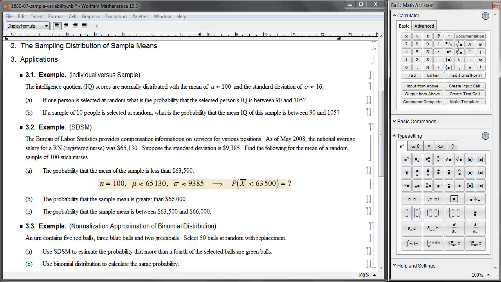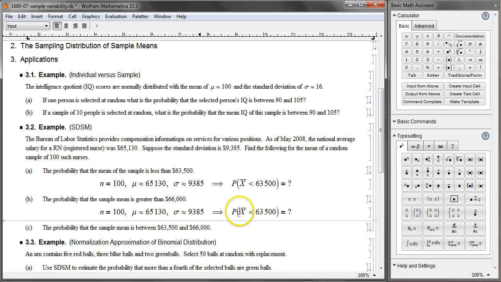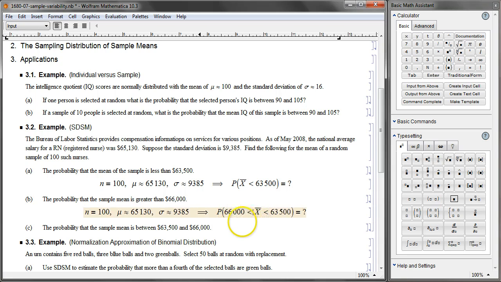x bar is less than 63,500, so we have to shade the left hand side of 63,500. This is kind of backward. This time x bar exceeds 66,000, so you have to shade the right hand side of it.